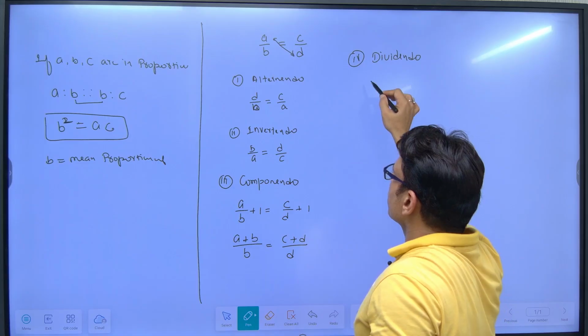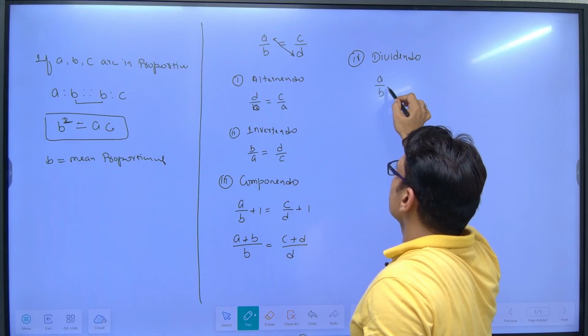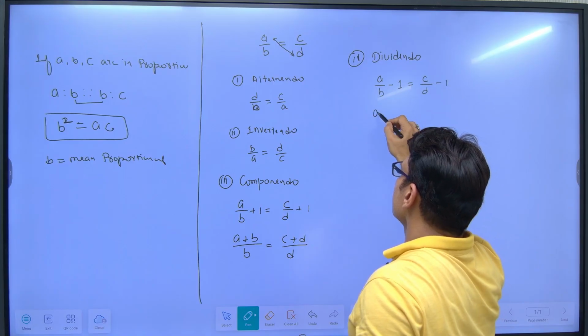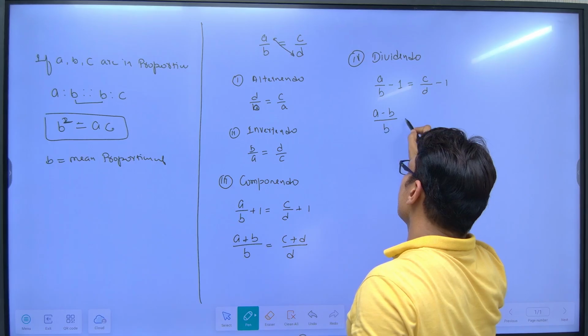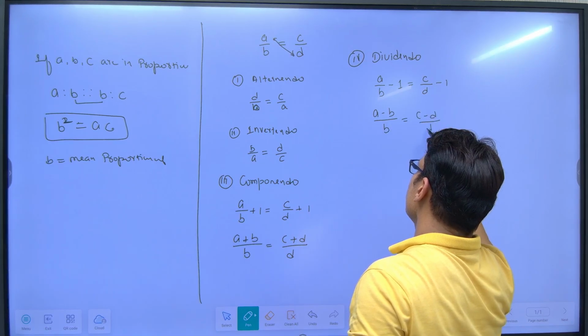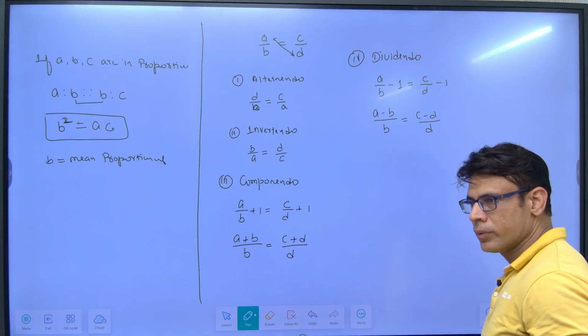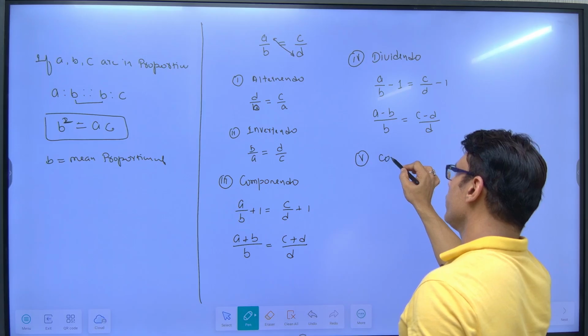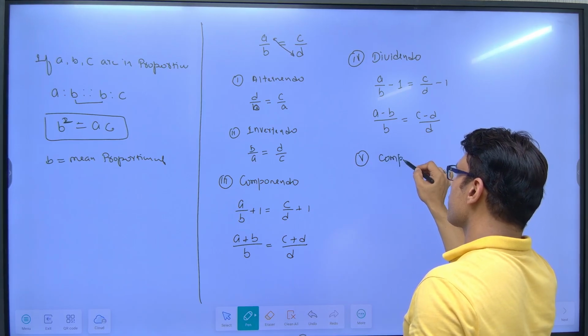In dividendo, you subtract 1 from the given ratio. So A by B minus 1 is equal to C by D minus 1. So it will become A minus B by B and C minus D by D. It's called dividendo.